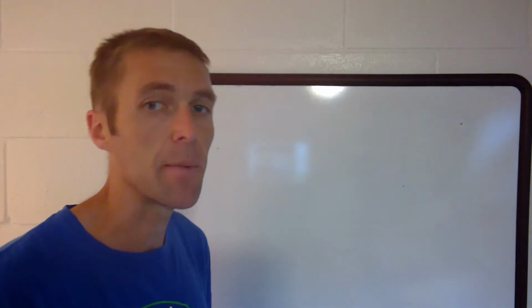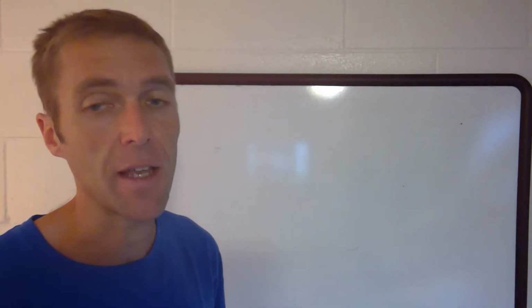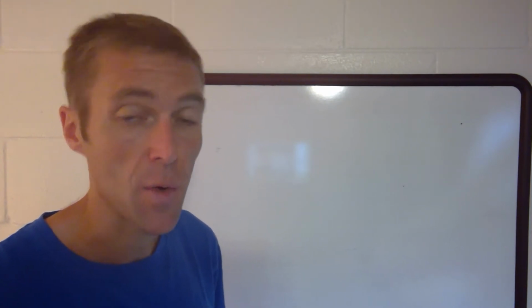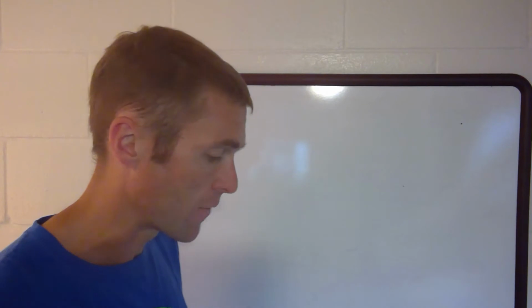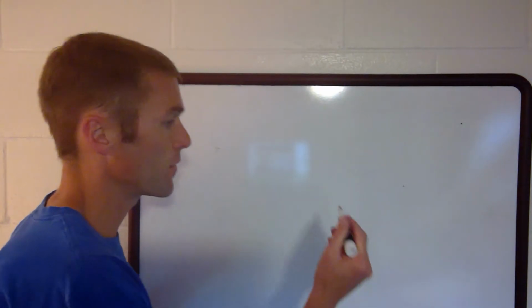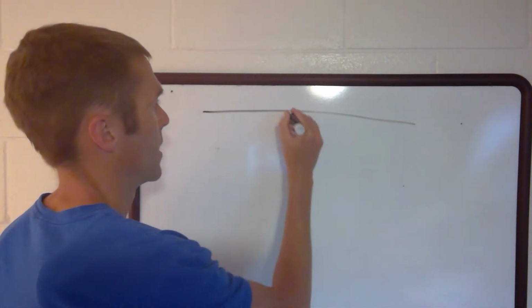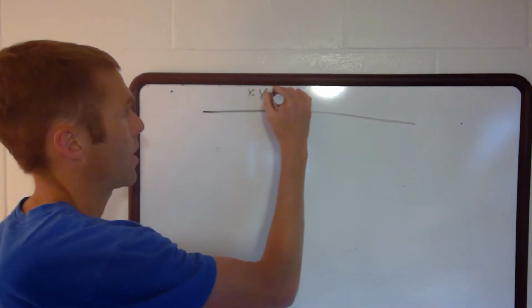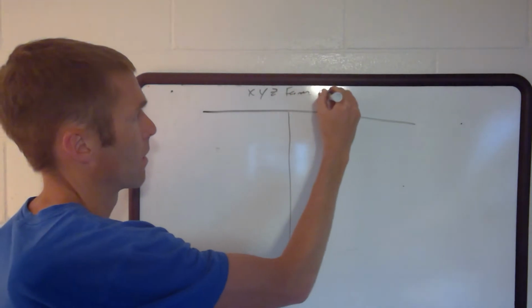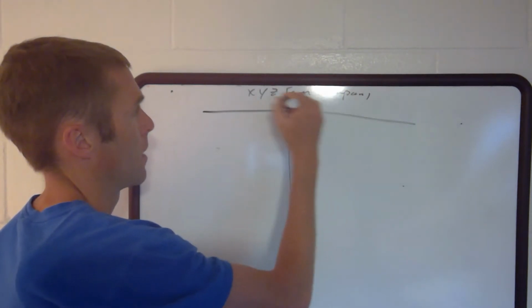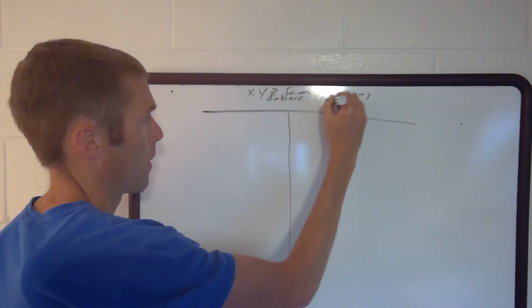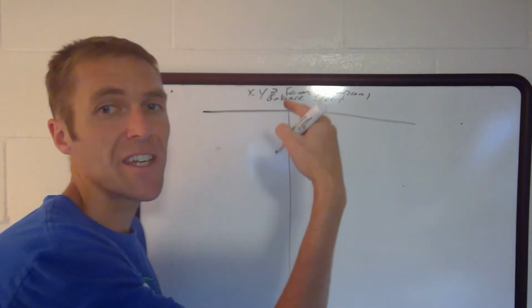So let's start off with unpacking some of the things about the balance sheet that you might see in an accounting class or a financial management class or a principles of finance course, and how we can apply them to a farm or a ranch. So first of all, the balance sheet is going to say XYZ Farm Company, and then it'll say balance sheet, and then it will have a specific date.